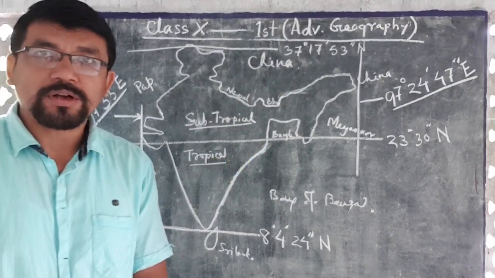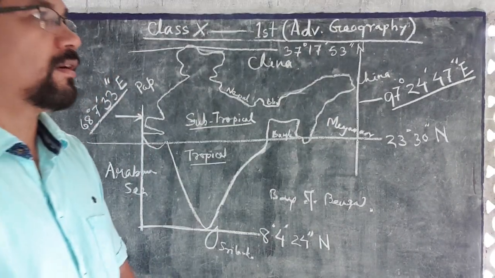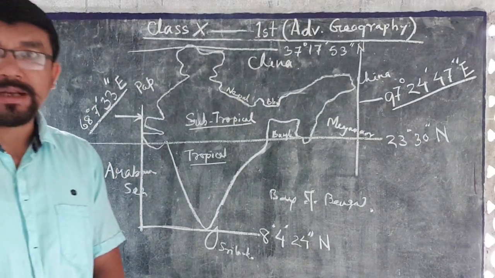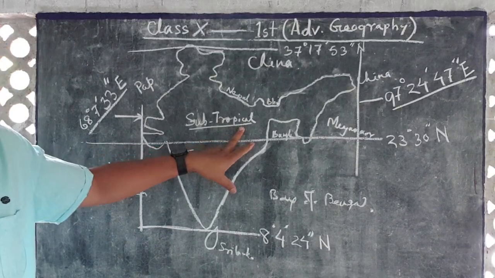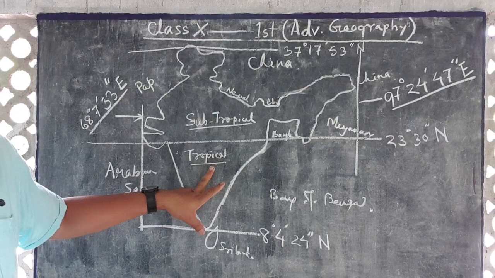So it is very important that Tropic of Cancer divided India into two climatic zones. They are known as subtropical region and tropical region.